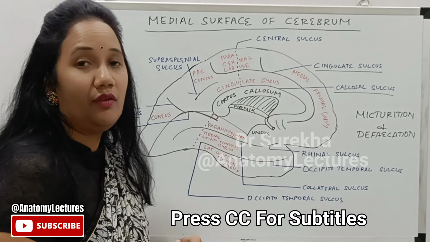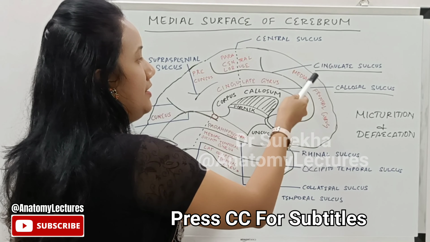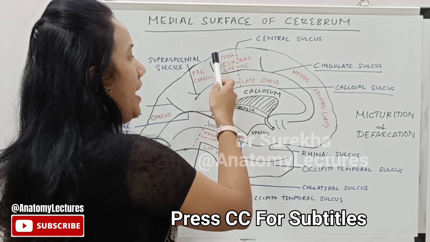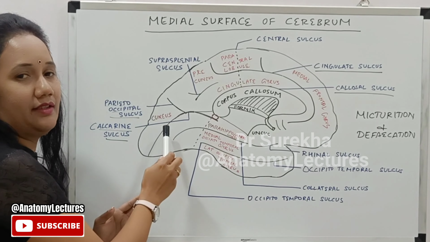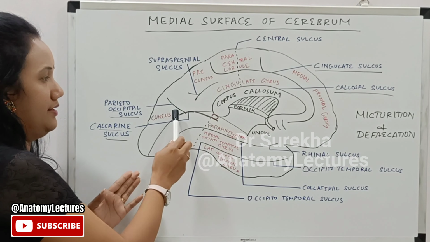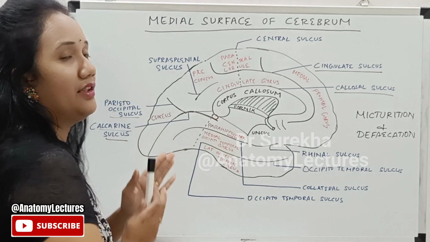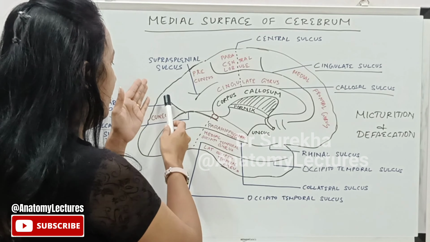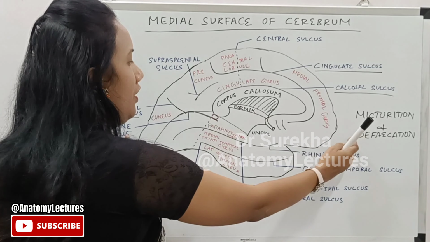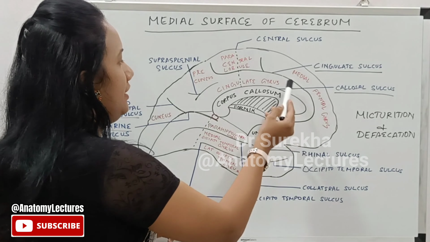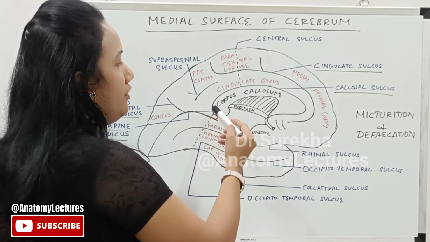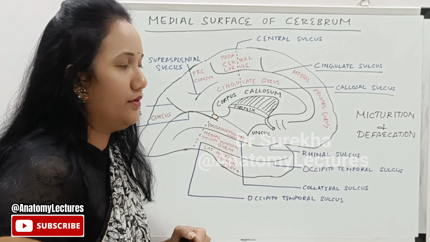The gyri which we see are the medial frontal gyrus, paracentral lobule, precuneus and cuneus. This is called the cuneus, and it is related with the visual cortex. This is the frontal end and this is the occipital end. And then you see the cingulate gyrus and of course the corpus callosum.